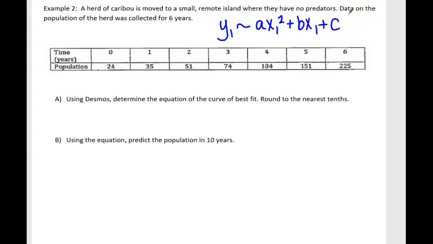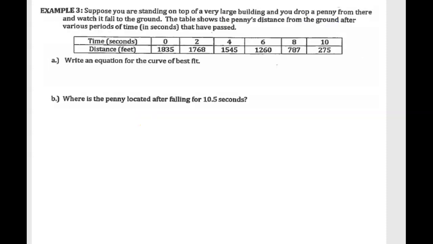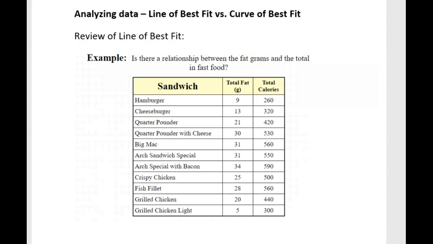And the line of best fit would just be y1 tilde ax1 plus b. So try these examples using Desmos, get some practice at it, and then check it with the answer key that's on Schoology.